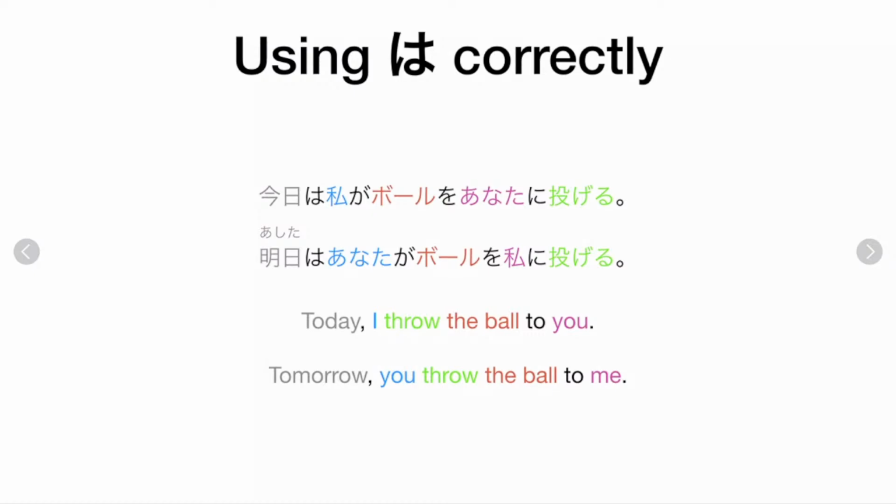So if we said kyo wa, which is speaking of today, kyo wa watashi ga boru o anata ni nageru. Ashita wa anata ga boru o watashi ni nageru. So kyo wa, this is a flag. Speaking of today, watashi ga, this is the subject. Boru o anata ni nageru.